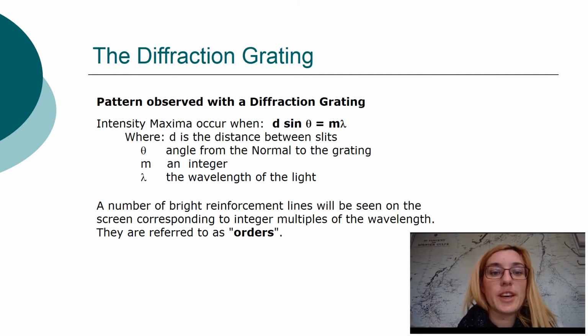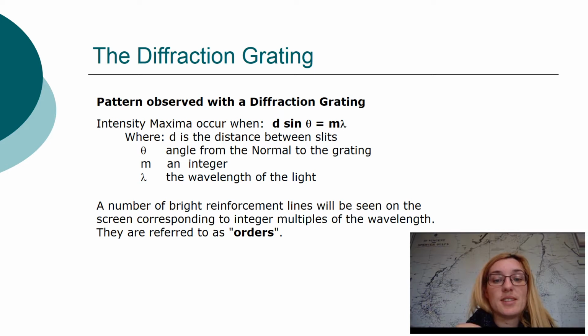So just to recap, when we use a transmission diffraction grating, we observe a particular pattern, and it's similar to our Young's double slit interference pattern, but it shares some common features. So we're using the formula that we've derived in the previous mix, which is d sin theta = m lambda.